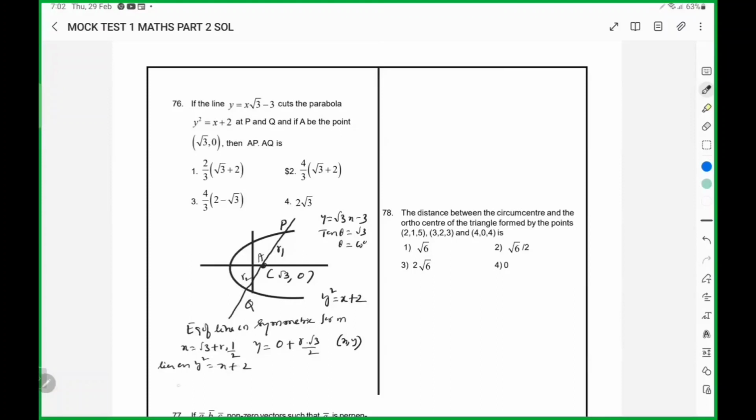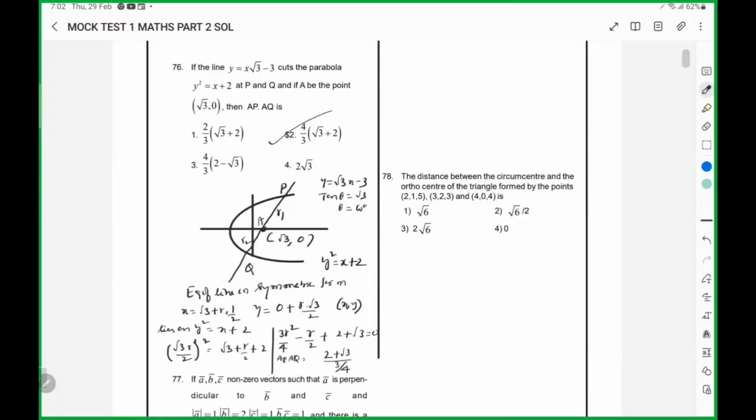So this is root 3 r by 2 whole square equals root 3 plus r by 2 plus 2. So you get a quadratic equation in r. So AP into AQ is nothing but the product of the roots, 3 by 4, that is 4 by 3 into root 3 plus 2.